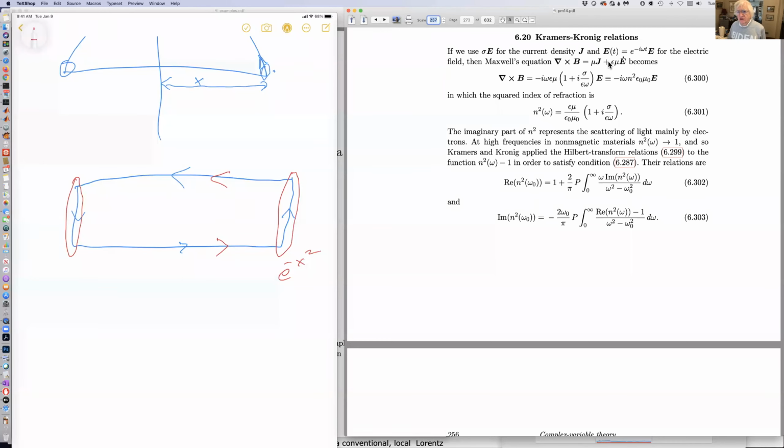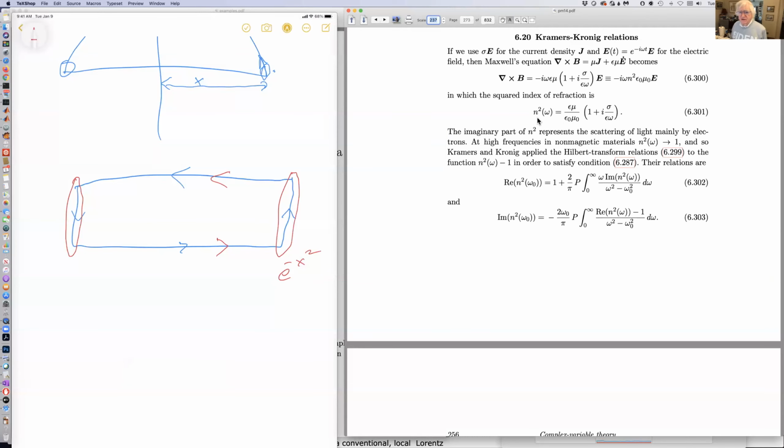So if they know that the frequency omega is crucial, then E is e to the minus i omega t times some real E. And then the curl of B is equal to the current plus the time derivative of E. And then we get this expression here. And if we baptize n squared as being this, we can then get this equation here.